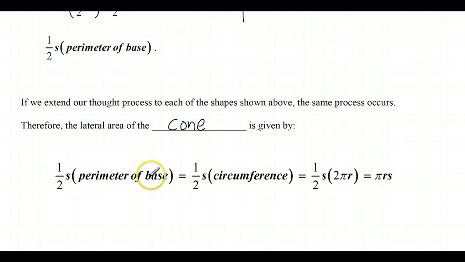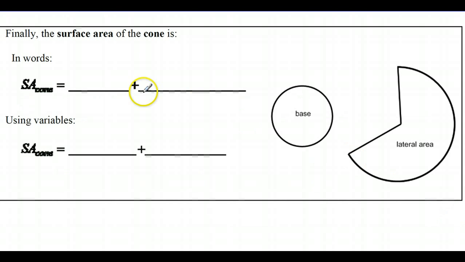The perimeter of a circle has a special name. It's called the circumference. The formula for circumference is 2 pi r. 1/2 s times 2 pi r, the halves cancel, and putting things in order, we get pi r s. So the lateral area of the cone is given by pi r s.